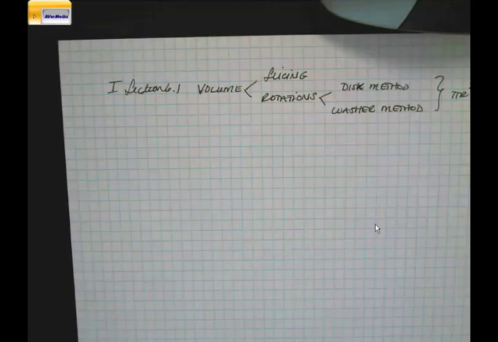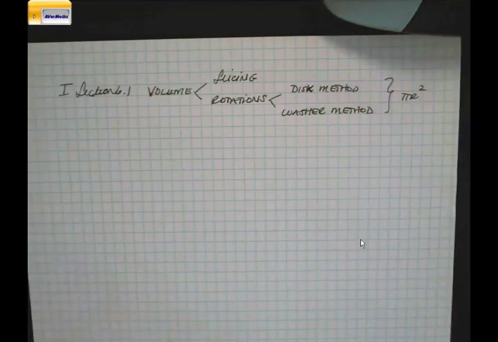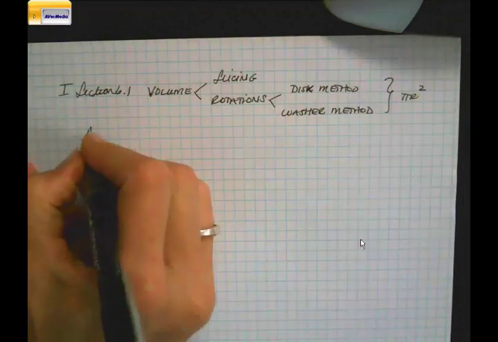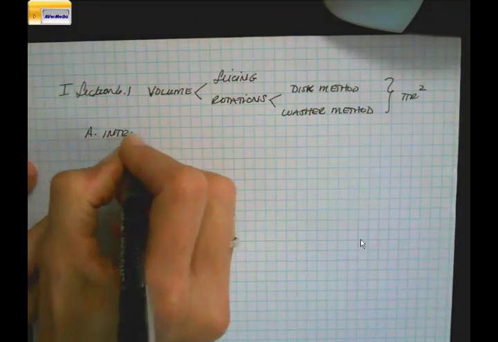So we're going to heavily use that area is pi r squared when we're talking about the rotations, which is really close to 3/4 of this section. So just a really quick way of preparing for what's about to happen in this section.